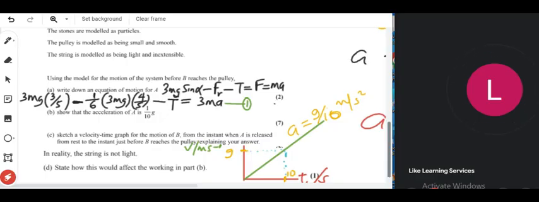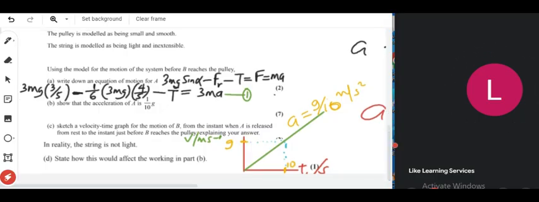Says, in reality, the string is not light, it has its own weight. These are ways we model this light inextensible string. If the string is not light, it means the weight of the string has to be considered.